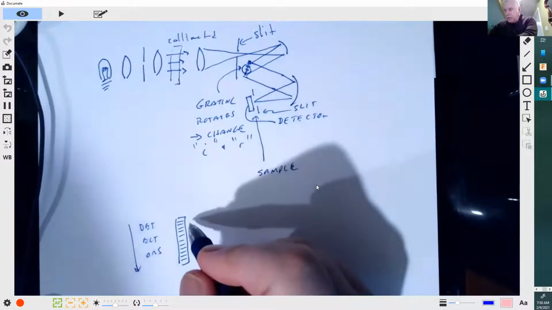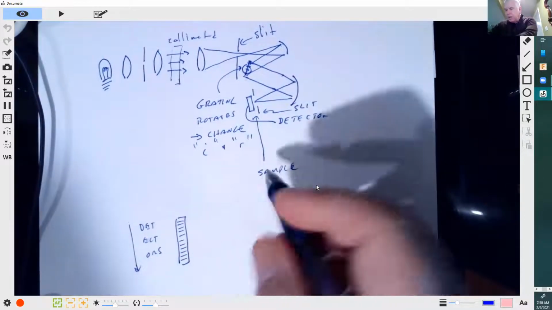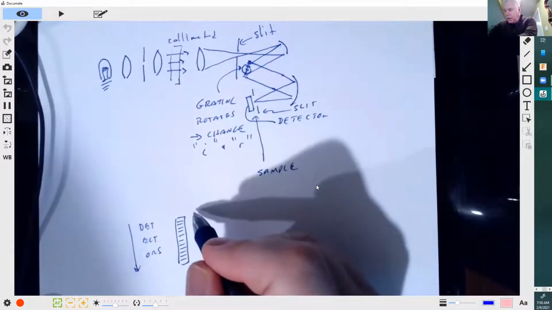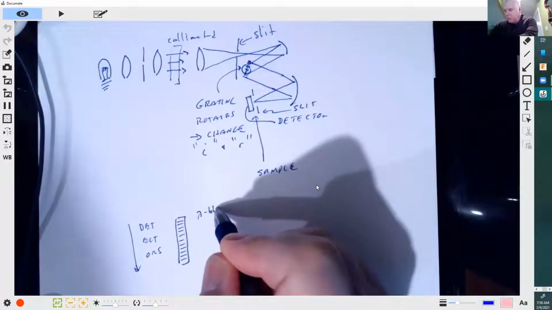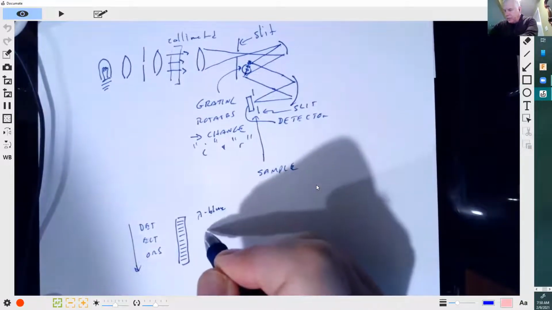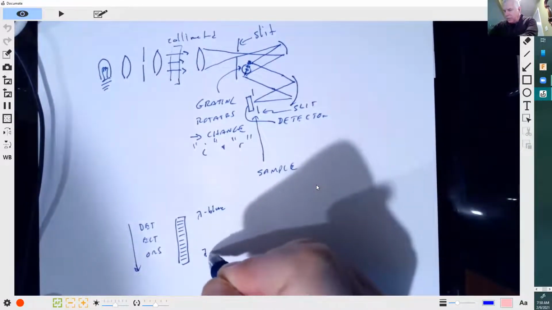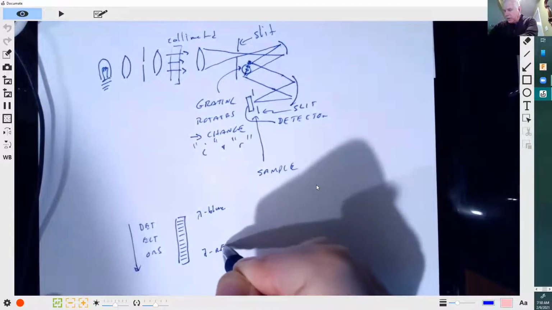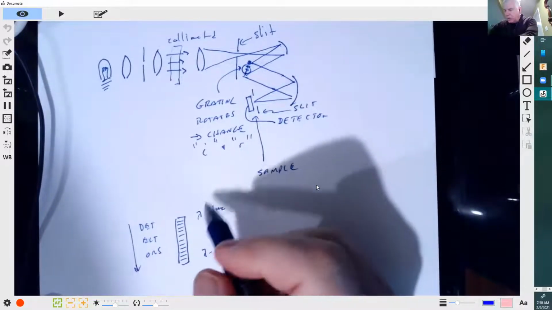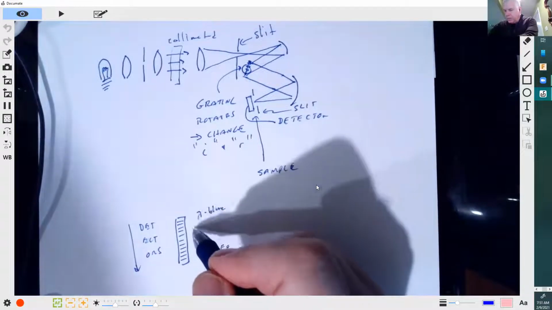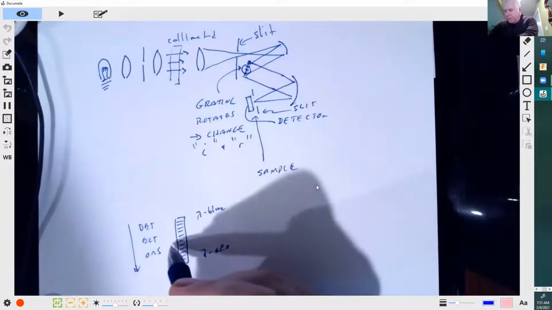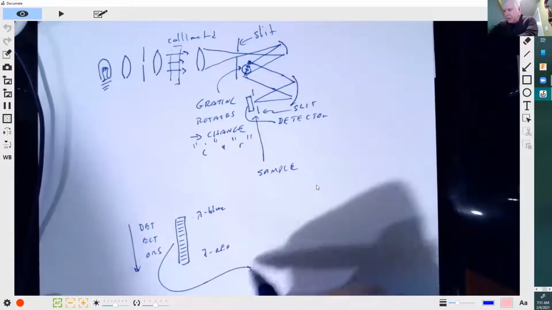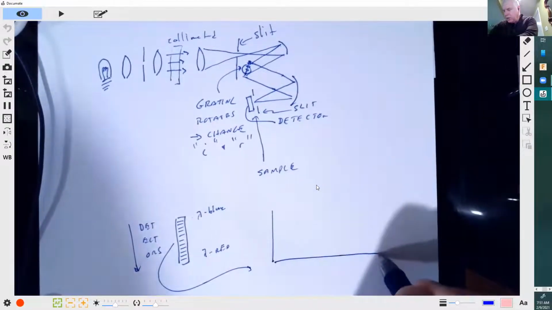And they'll change smoothly, right? And so what you'll have is lambda. So this might be the blue, and then this might be the red as you go to larger angles. And so each pixel then will have a different color.